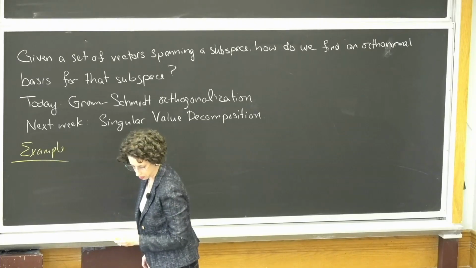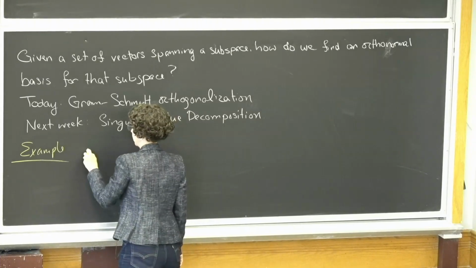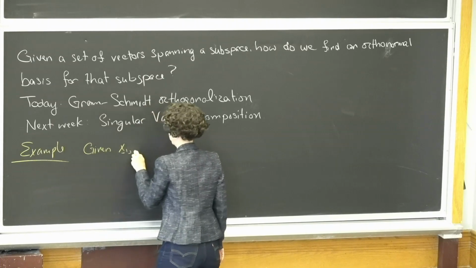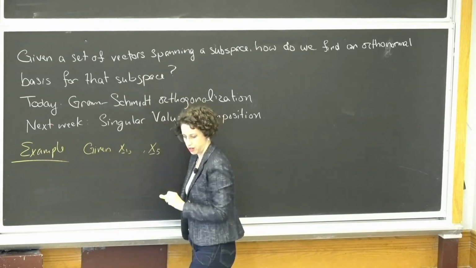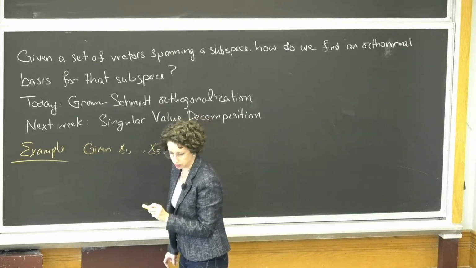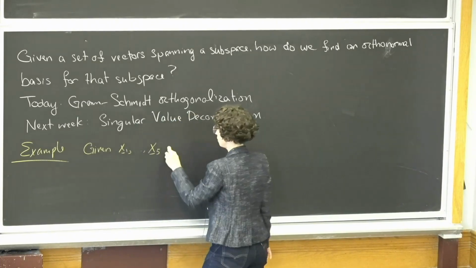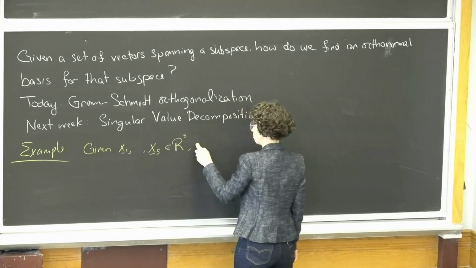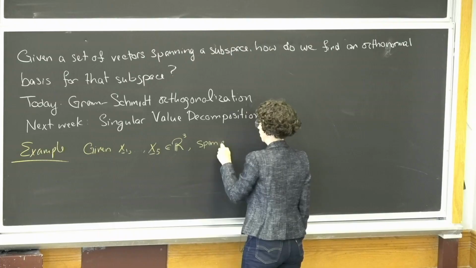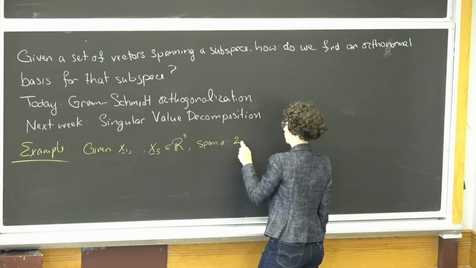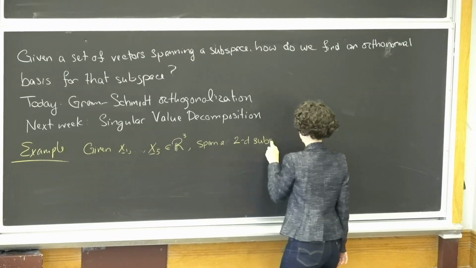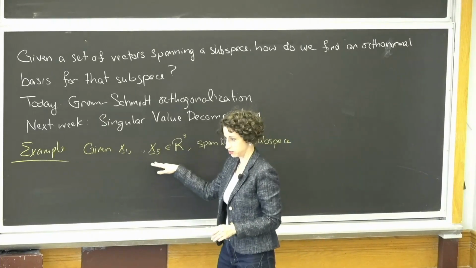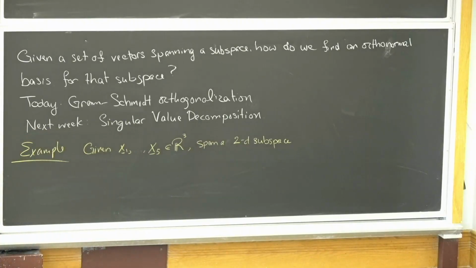And so in particular, we are going to have 5 different vectors, x1 through x5. And all of these are going to be in 3D, but they also span a 2D subspace. So in other words, there's only 2 linearly independent vectors in this space.